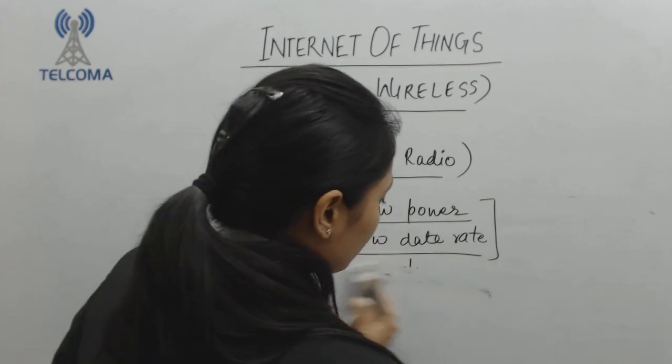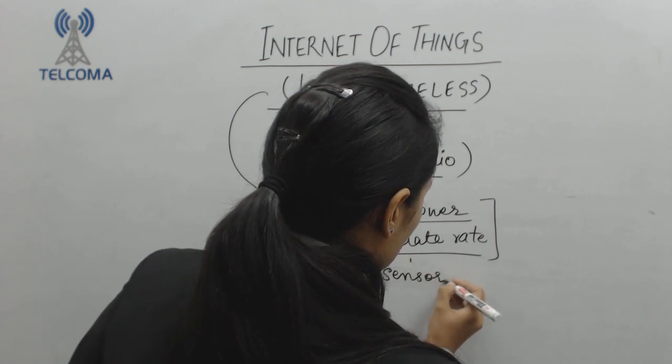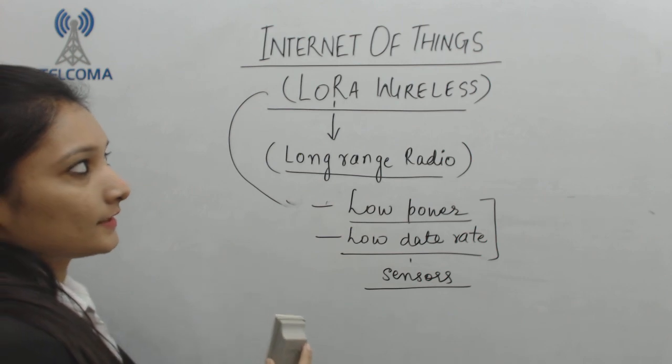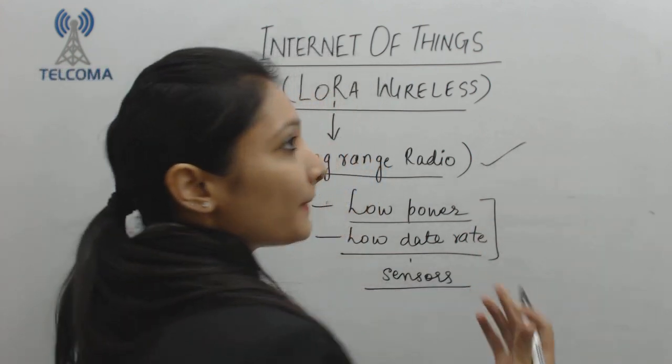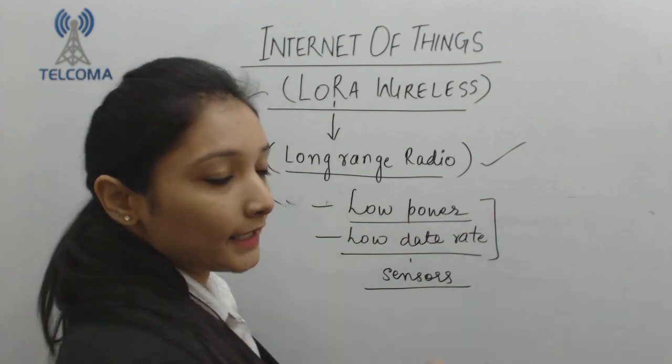That means various devices will be equipped with various sensors and actuators. So this technology provides a platform for the applications which will be driven by the Internet of Things.